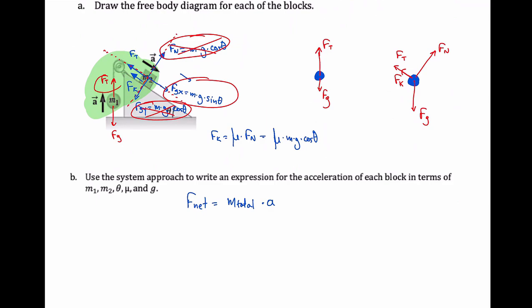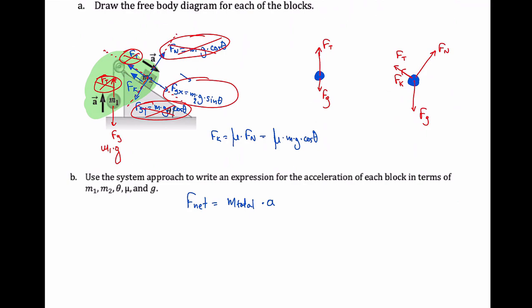Now, the force of tension is an internal force, so we don't care about this when we're working with the system. There is an opposing force of gravity, that is m1 times g, and I actually made a mistake by saying that the force of gravity x is just m. I should have written m2, and the same thing for the force of kinetic friction.